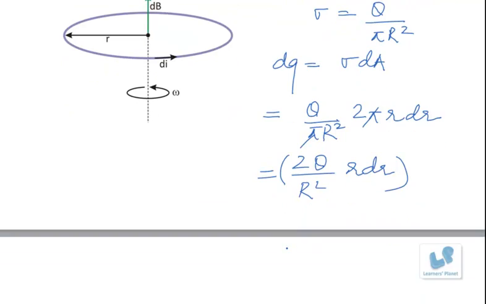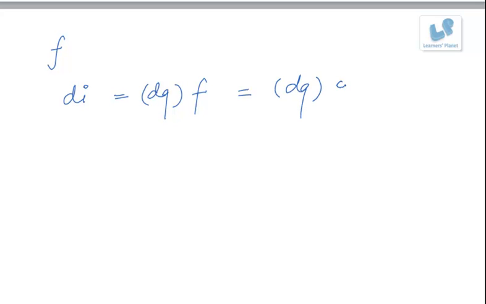Now this is the total amount of charge which is rotating with, let us say, frequency f. Then the small elemental current that this elemental ring constitutes, di, is given by charge dq into its frequency f, which can be written as dq times omega by 2 pi.